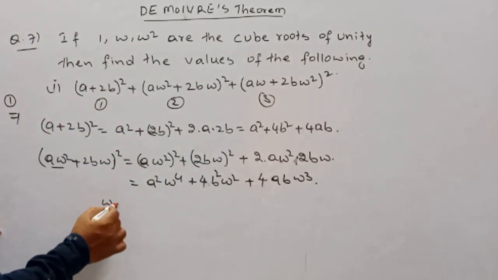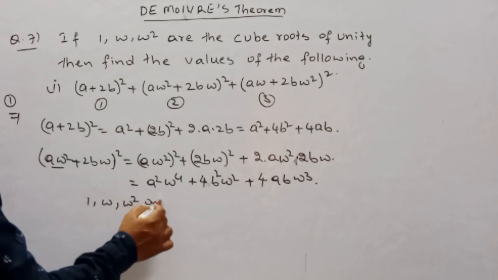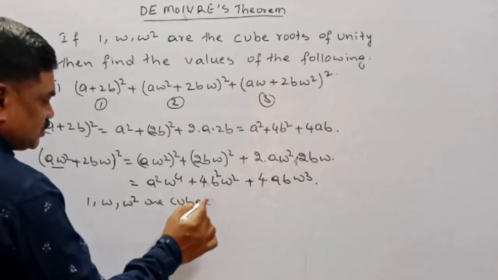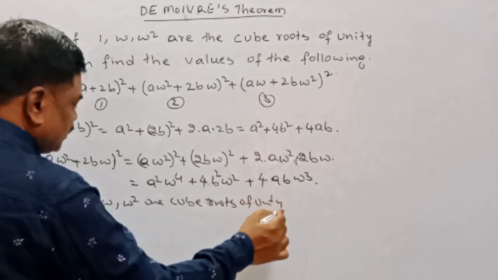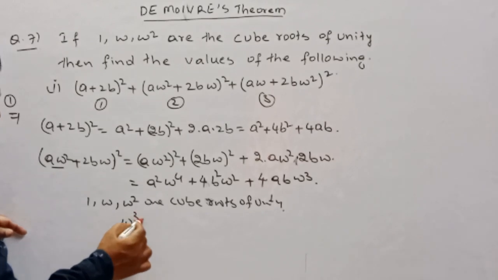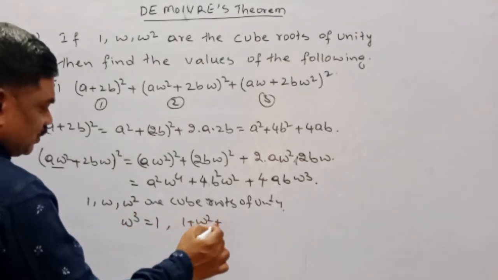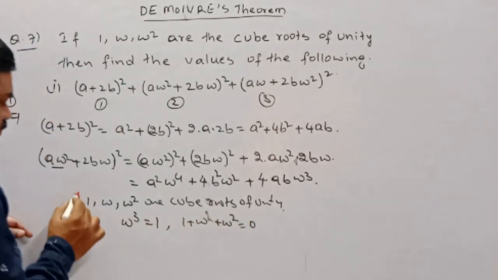But 1, omega, omega square are cube roots of unity. Then what is the condition? Omega cube is equal to 1 and 1 plus omega plus omega square equal to 0.